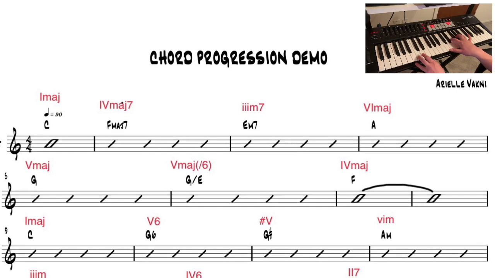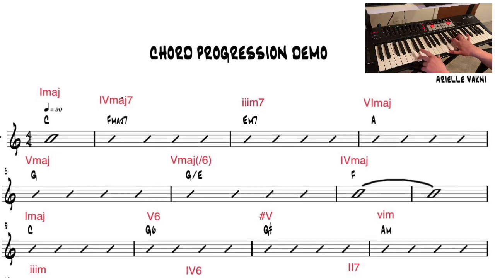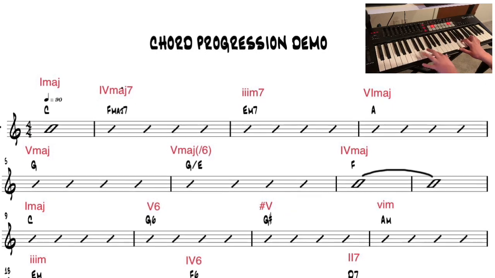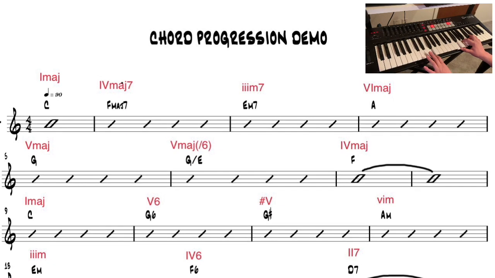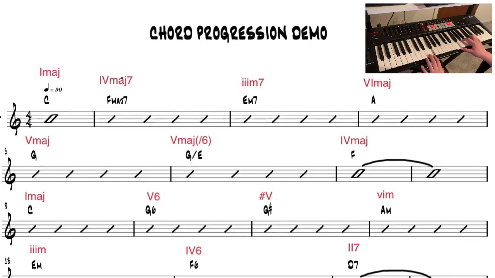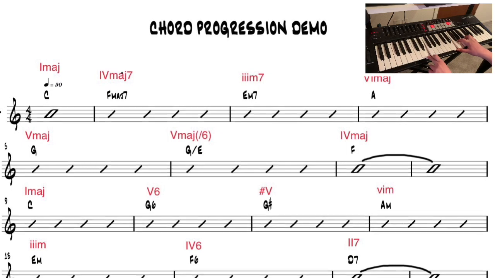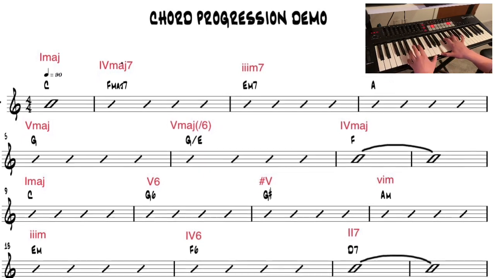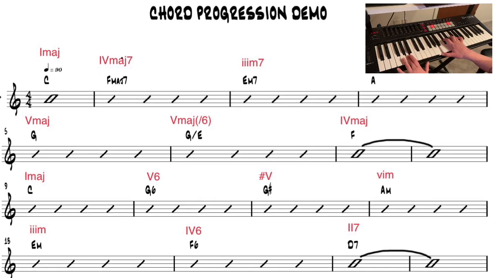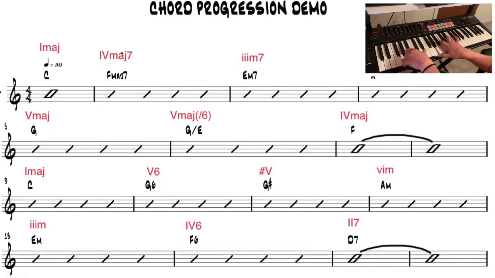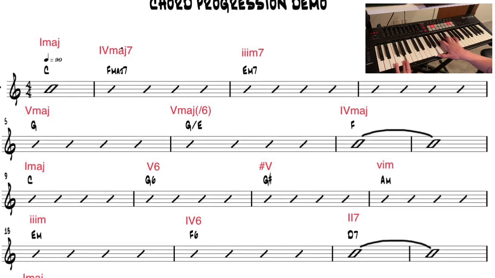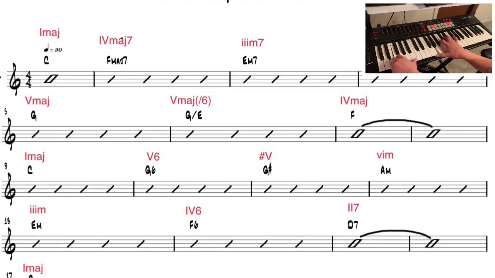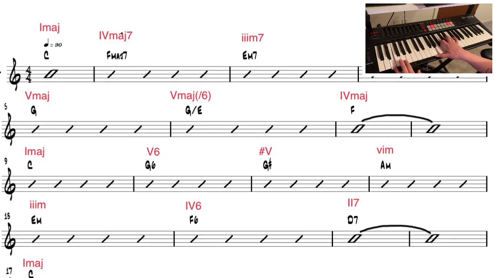Start with C major, that's the 1 major, and then we're going to go to the 4 major 7, then we're going to go to the 3 minor 7, E minor 7, then we're going to go to the 6 major, borrowing outside of the key, then we're going to go to 5 major like normal, then we're going to go to 5 major with a 6th note in the bass, so G over E, then we're going to go to the 4 major, just plain old F.